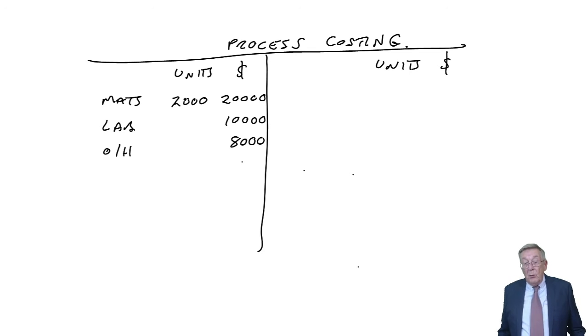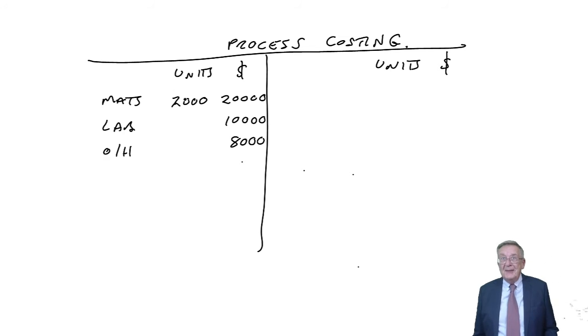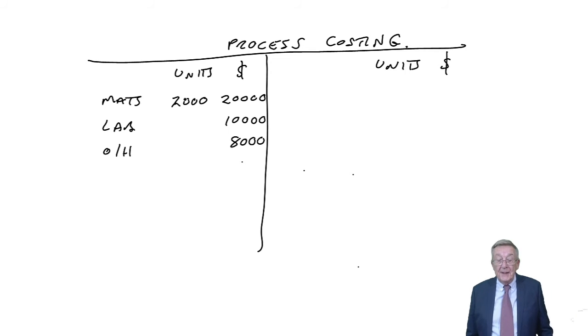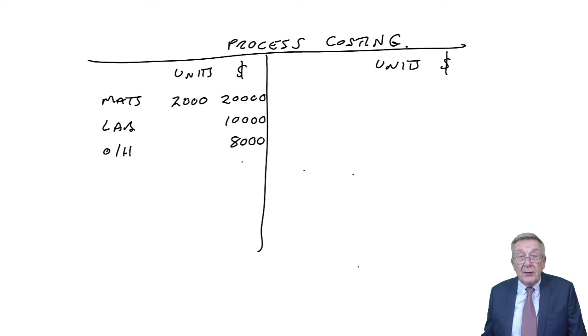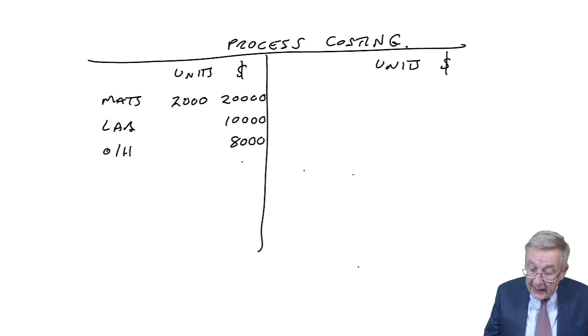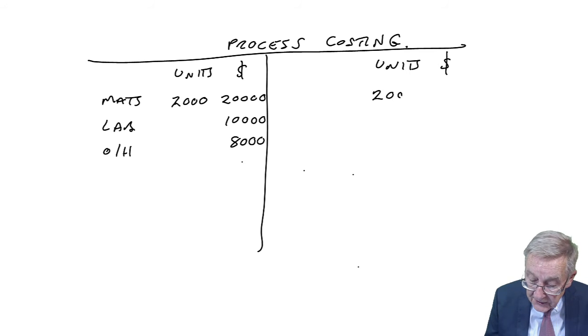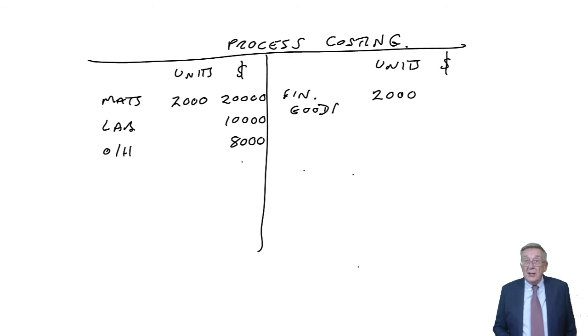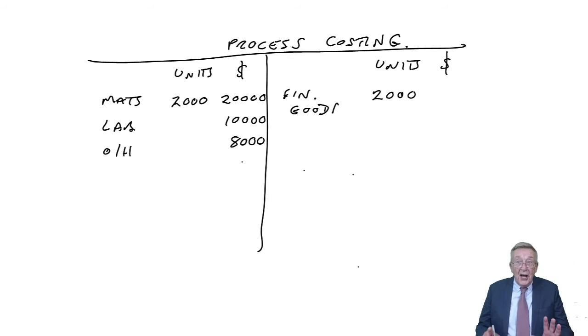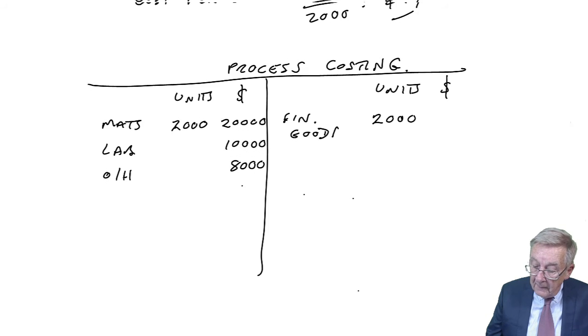And then we say, well, what happened to those units? It's a nice simple example here, so any complications we'll come to in the next chapter. But those 2,000 units leave the process and they become what we call finished goods. And how much did they cost? Well, we've done our costing, however simple.